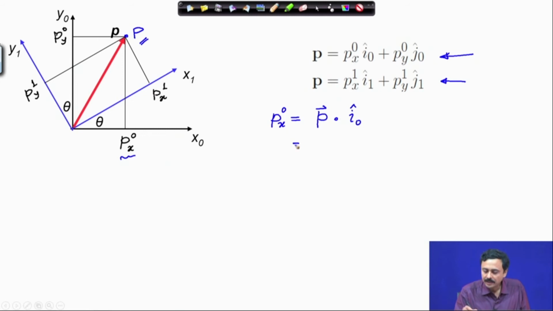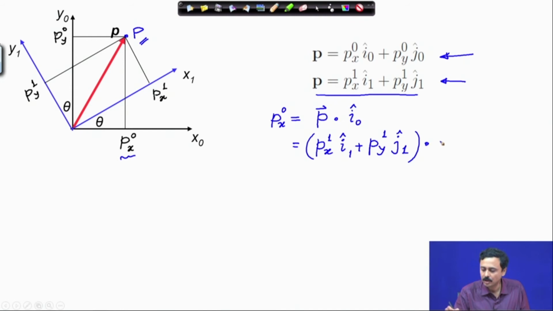Now, P has this representation in the new frame, and this dotted with i0 cap.